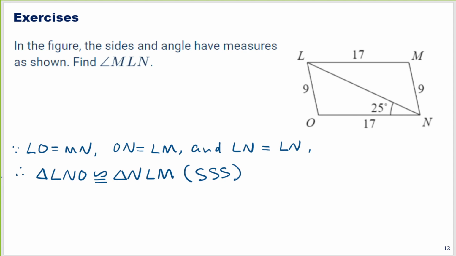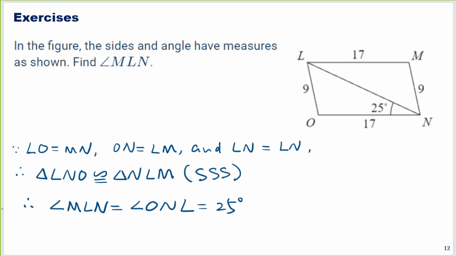Since angle MLN and angle ONL are corresponding parts of these two triangles, they must be equal, right? Therefore, we have angle MLN equals angle ONL, which is 25 degrees.